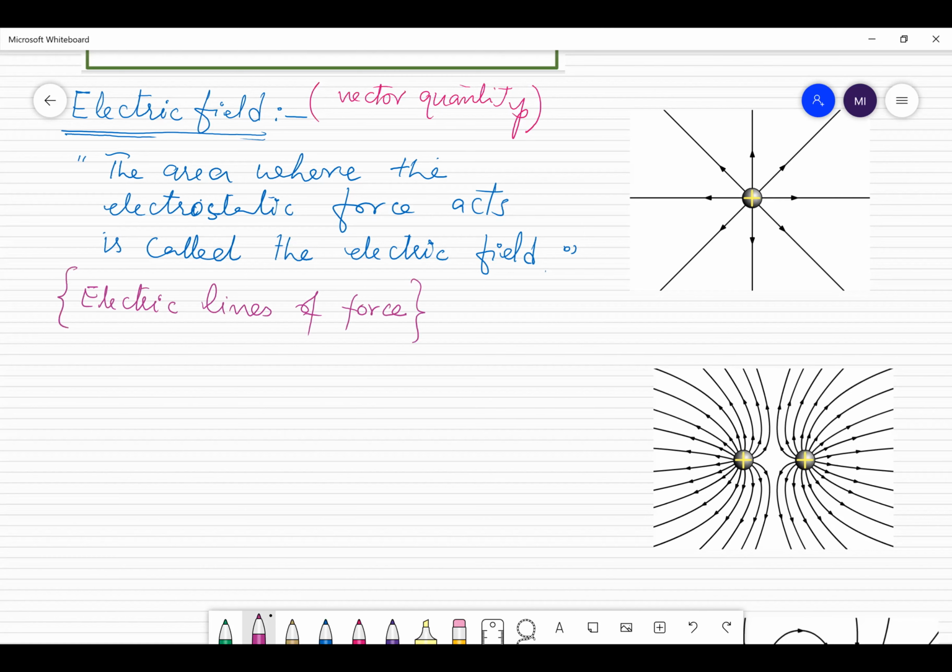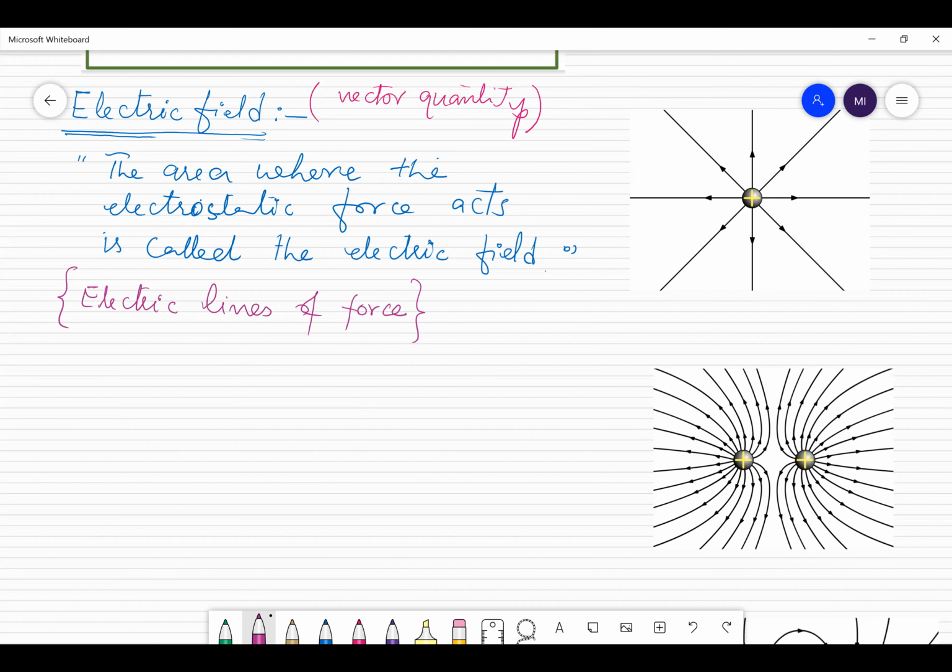Why? What is actually the reason for saying it so? Since, as I told you, the electric field specifies the region or space around a charged particle where the electrostatic force can act. You know this force is not directly visible, we can only see the effect.